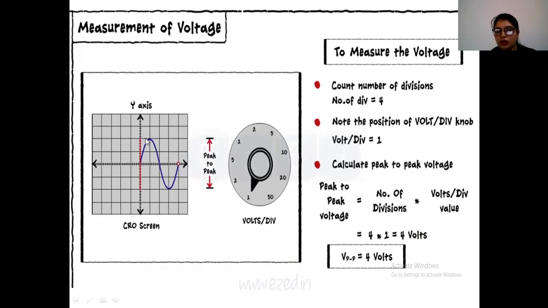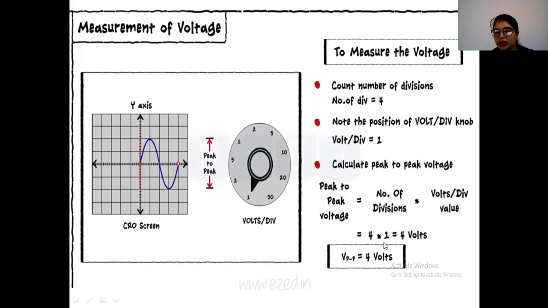Now we will calculate the peak to peak voltage of this waveform. To calculate peak to peak voltage, the formula is number of divisions multiplied by volts per division. Here we have taken 4 divisions and the volts per division switch is at 1.